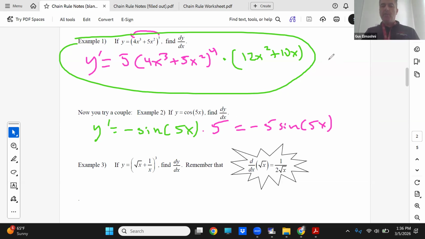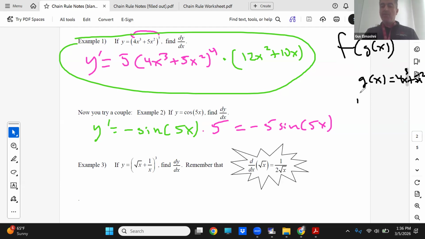By the way, coming back to example one again, one thing I just want to present to you guys, f of g of x. If you compare the original equation, example one, to f of g of x, what would be your g of x? 4x cubed plus 5x squared, right? Sorry, I'm squeezing that in.